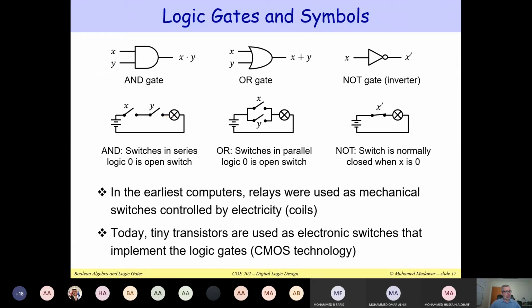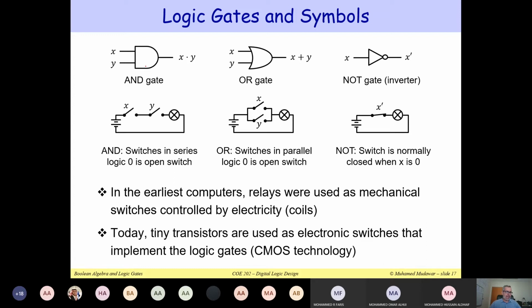And when this happens, then basically the output will be equal to 1. So if you have a power supply here and you have some kind of a load that you would like to use, like a light bulb, for example, then you can turn it on when X is equal to 1 and Y is equal to 1.